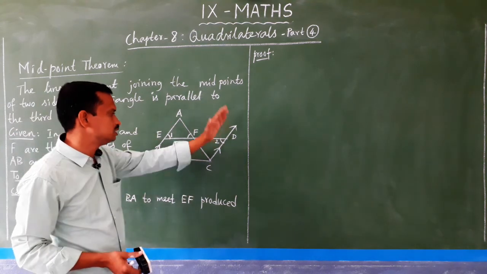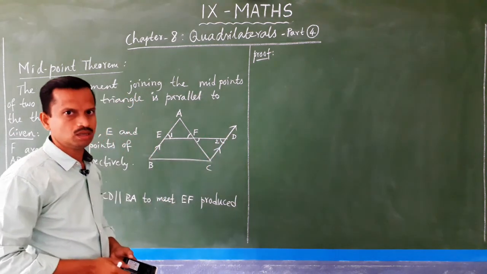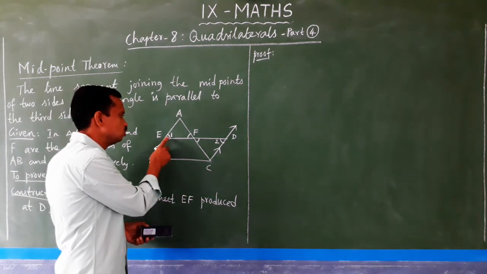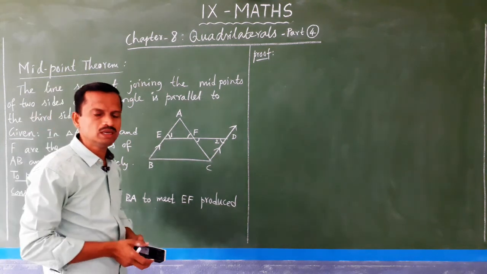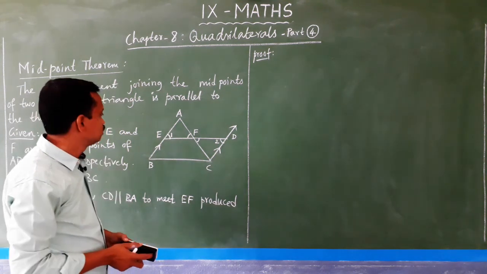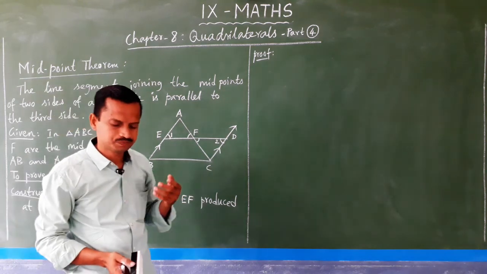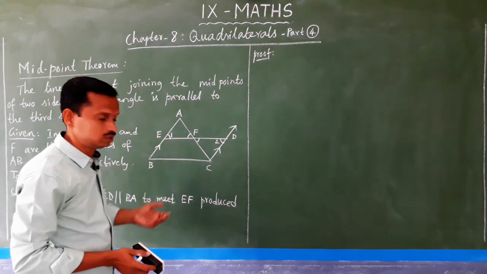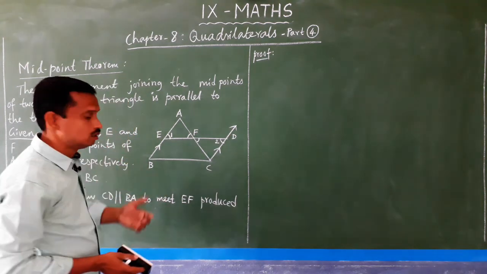So BA parallel to CD, and considering ED as a transversal, angle 1 and angle 2 are alternate interior angles, which will be equal. Clear? So these are the lines and angles concepts, and then the congruent triangle concept, which is always useful to prove it.